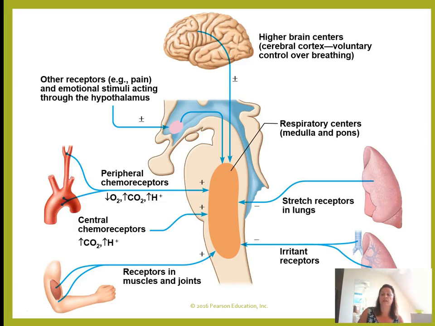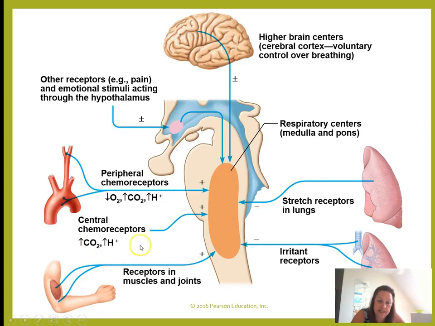So how do these guys do their job, right? How do the respiratory centers know when to increase respiratory rate or depth, right? There's a whole variety of things. The most important ones are going to be carbon dioxide, oxygen, and hydrogen, or pH.